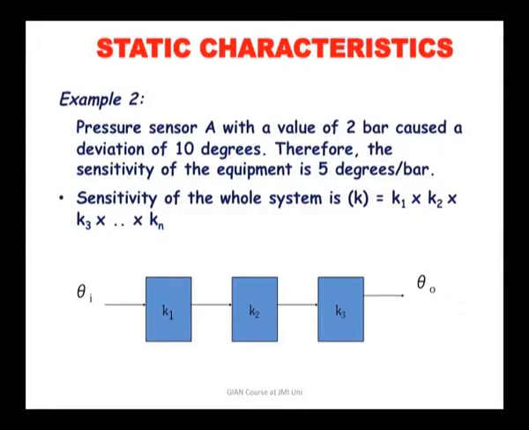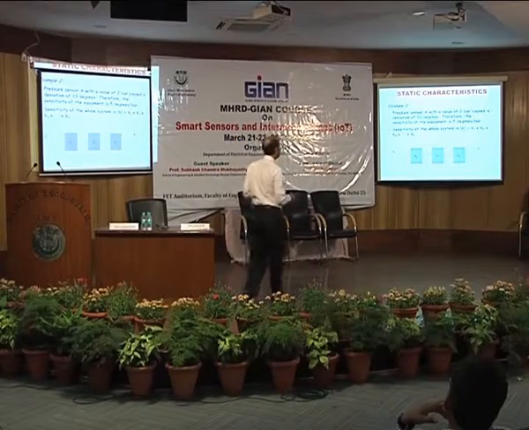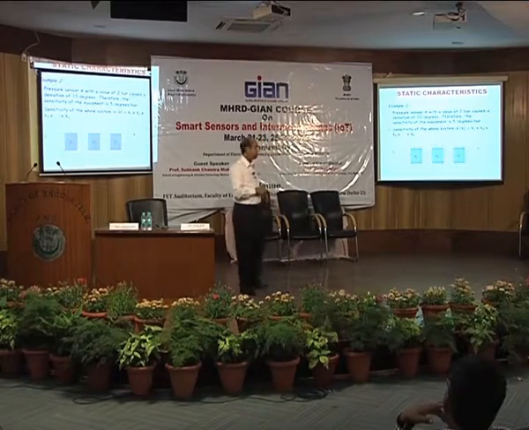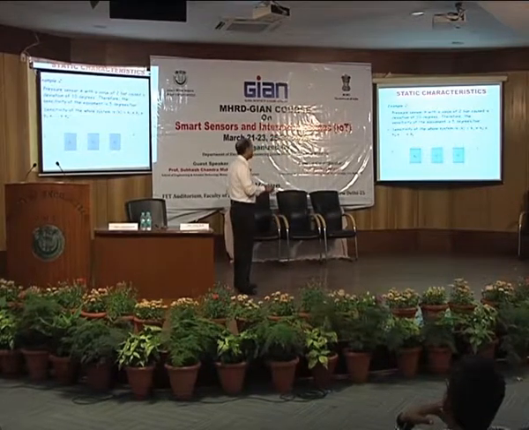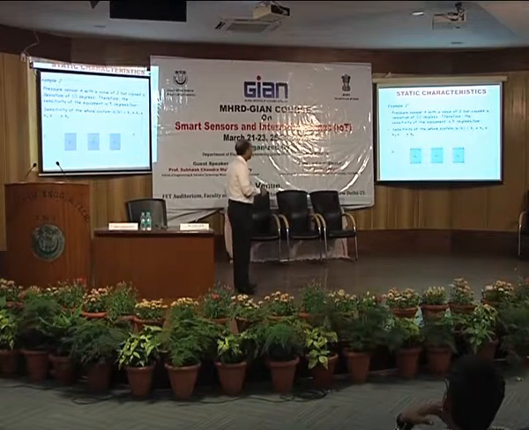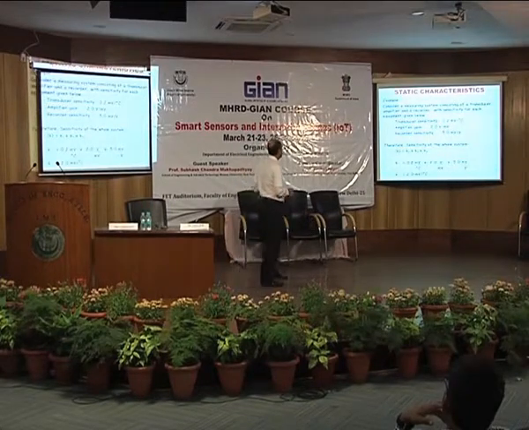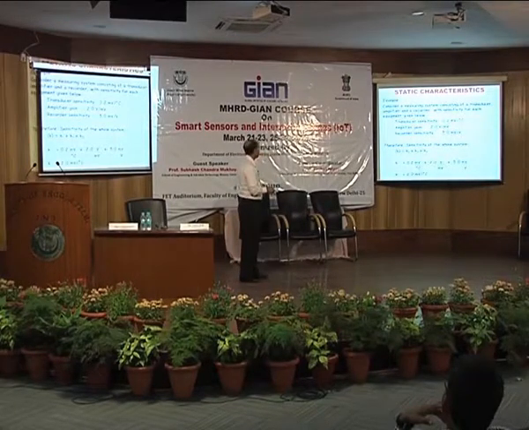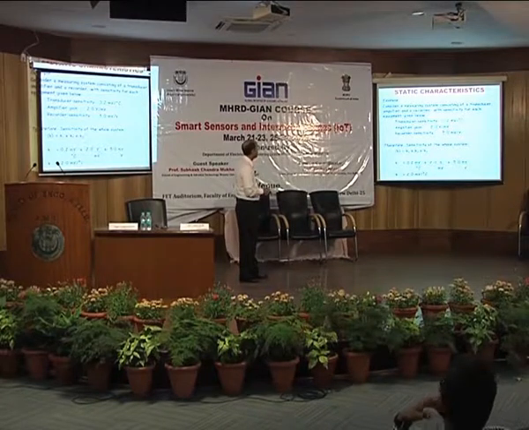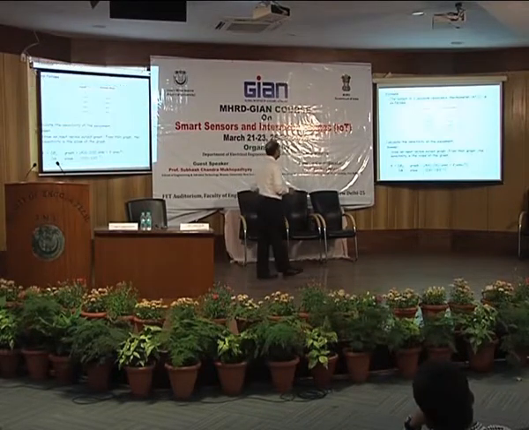You have to be very clever so that it does not make your system low sensitive. That type of situation is very, very common, and we have to be careful. So that is one example to find the resultant sensitivity. Okay, you can follow.